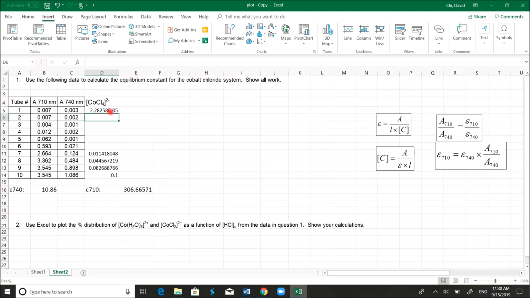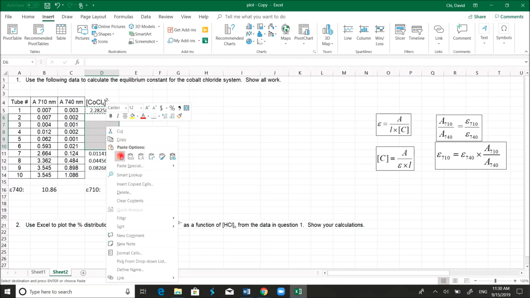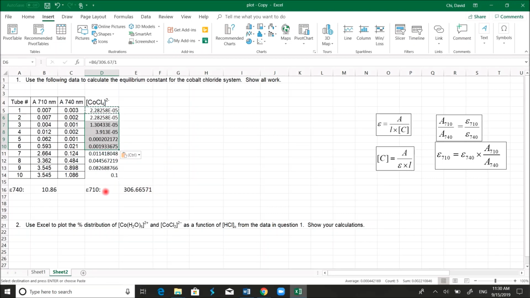Okay, again we copy this equation, paste to other cells. That completes the calculation of concentration of cobalt tetrachloride complex ions.